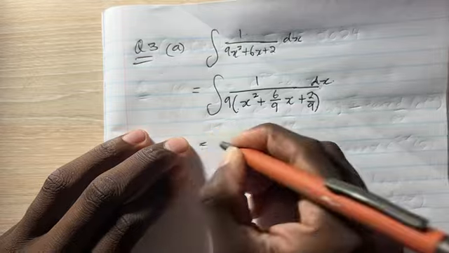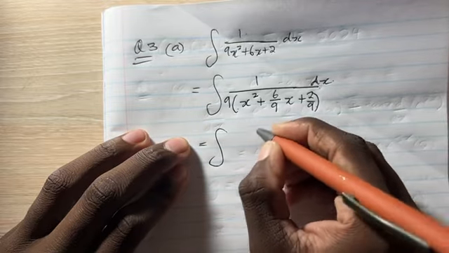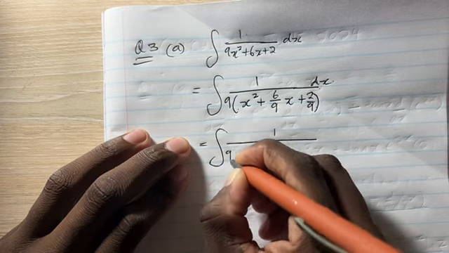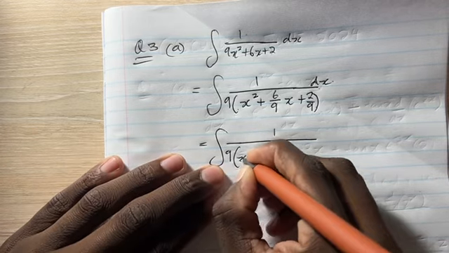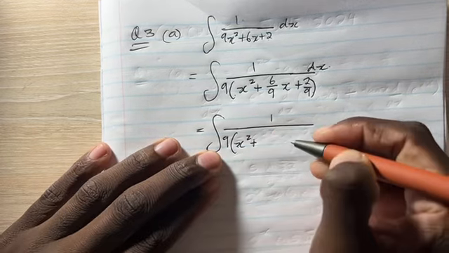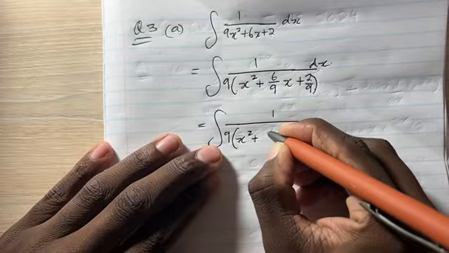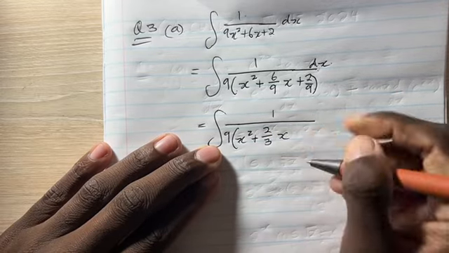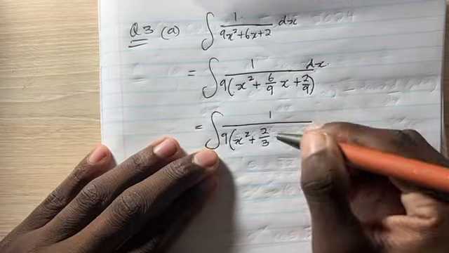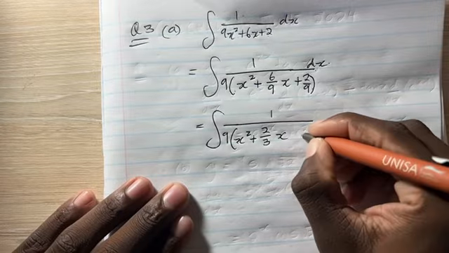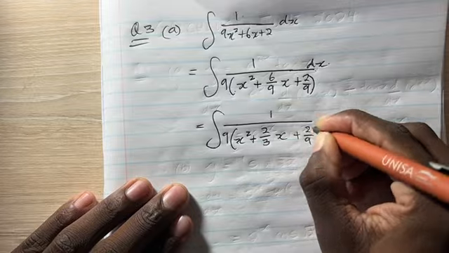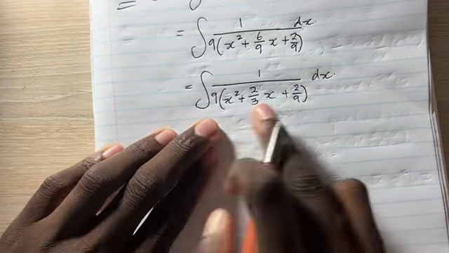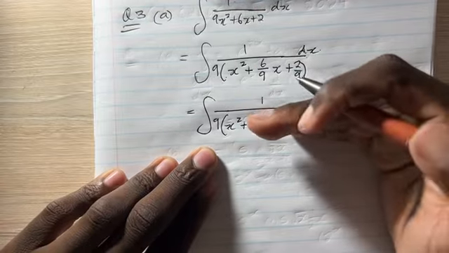That's the integral of 1 over 9 into x squared plus the 6 over 9, which can be written as 2 over 3 x, plus 2 over 9, dx. So right now we just took out the 9 as a common factor. That's all we've done.